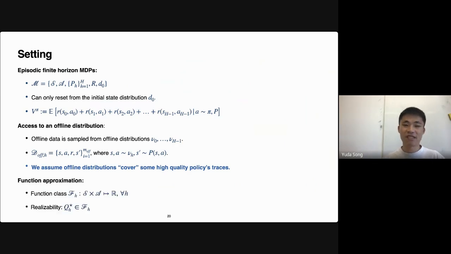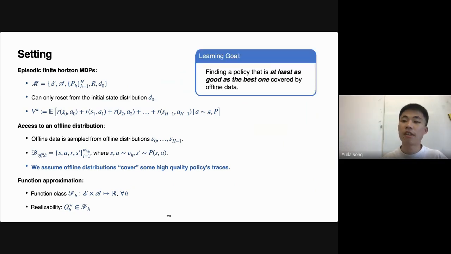And we're going to deal with function approximation, specifically Q function approximation, and we're going to assume realizability. That is, the optimal Q function is contained in our function class. And our learning goal is to find a policy that is at least as good as the best one covered by the offline data set.